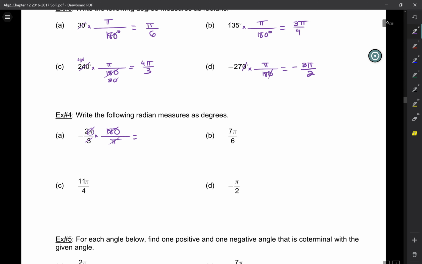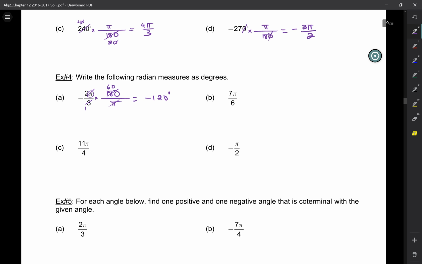The 3 and the 180 will give you 60, so this is negative 120 degrees. Okay? Right. Okay, so times pi over 180. Oh, sorry, 180 over pi. All right, the pi's go away. 6 with 180 gives me 30, so that's 210.